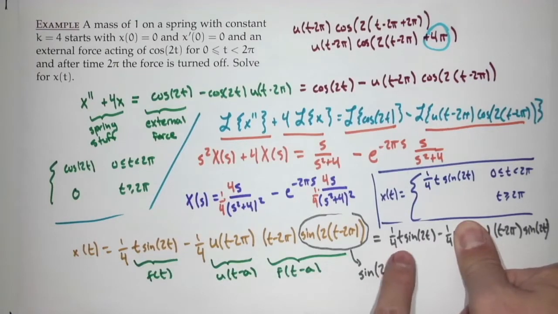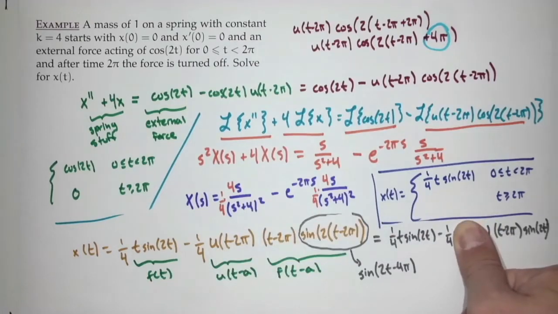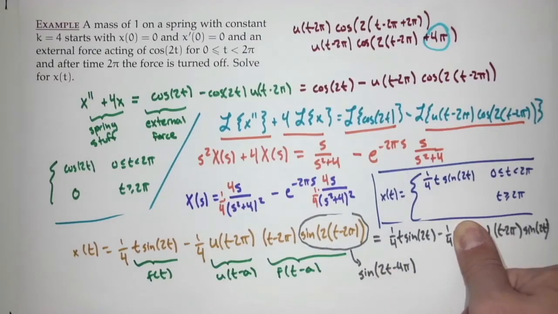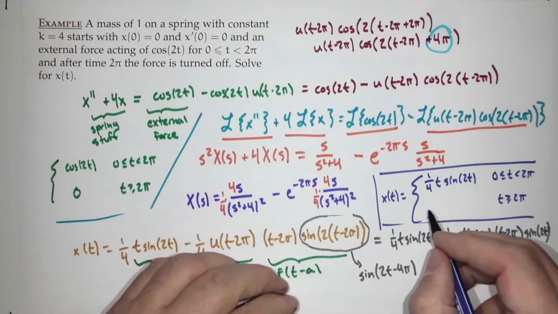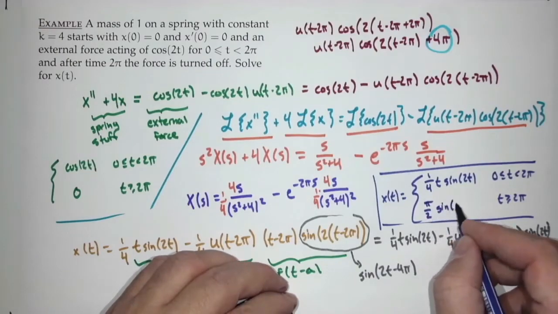So we see a 1/4 t sine of 2t. Then you have a minus 1/4 t sine of 2t. So what happens to these? They zero out. And then you have minus 1/4 times minus 2 pi times sine of 2t. So you end up with pi over 2 sine of 2t.